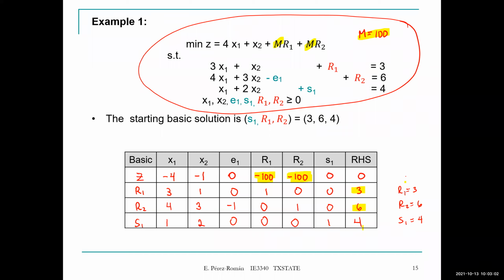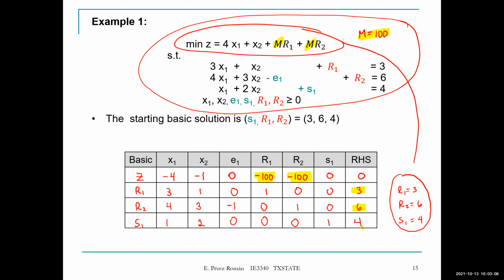But when you substitute these values in here, the tableau is saying that this is going to be equal to 0, which is not true, because if you multiply 3 times 100, that's 300.